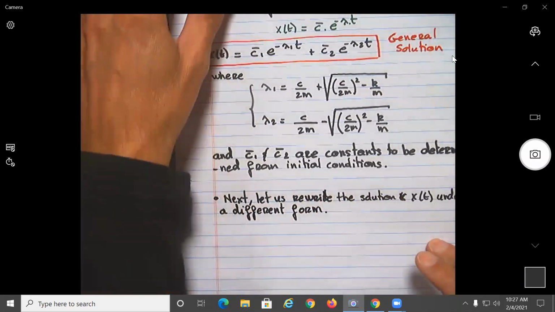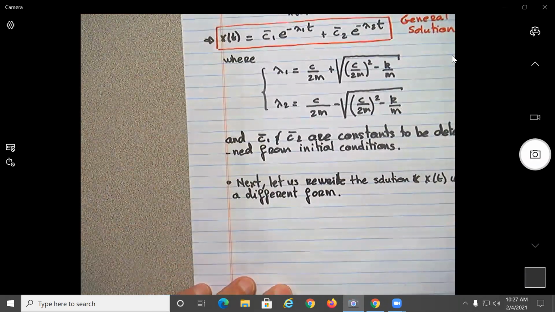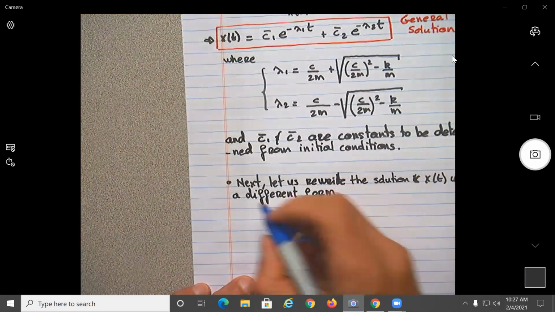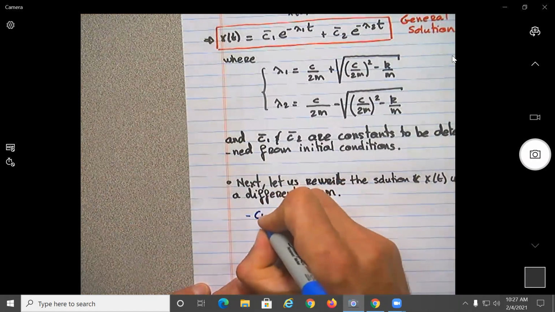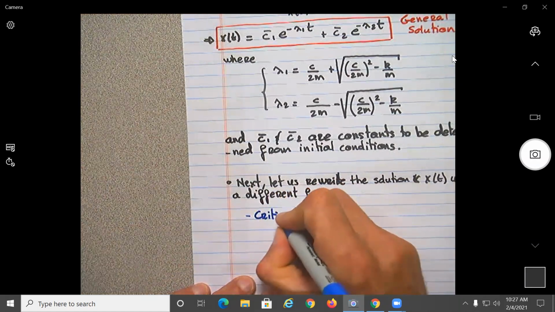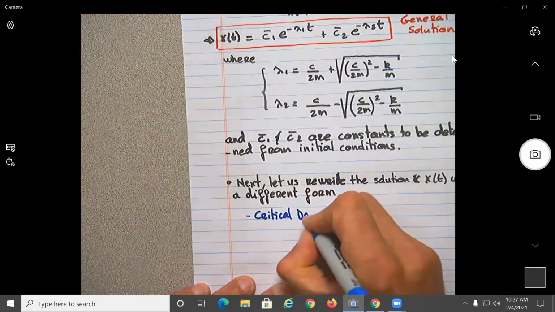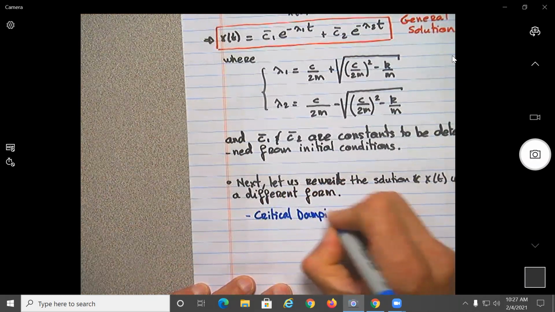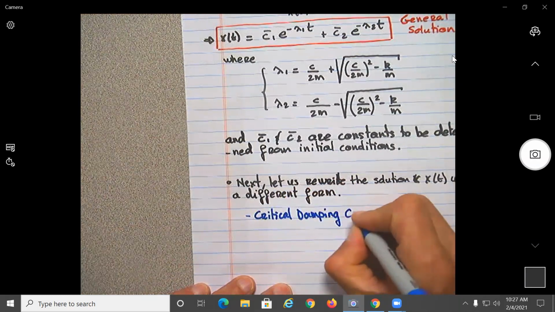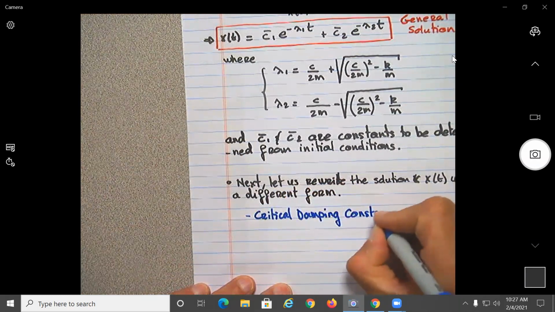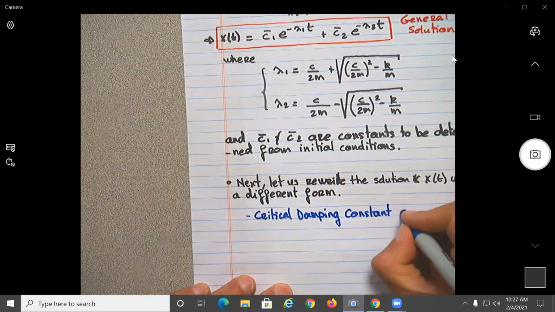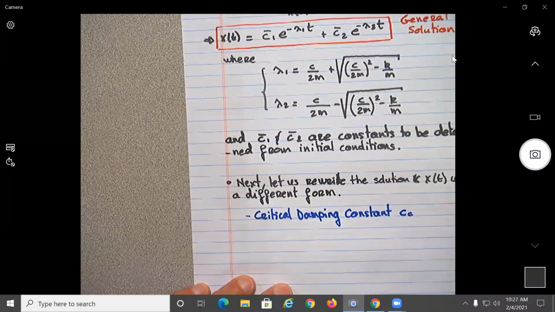In order to do that, we need to define something known as the critical damping constant. And we're going to call that one C sub C.